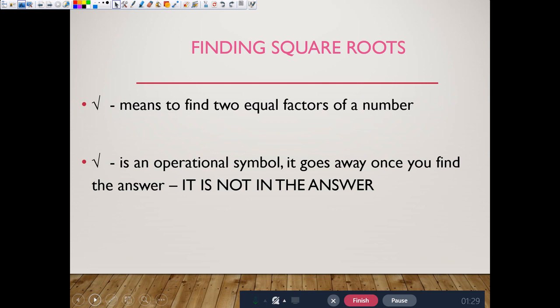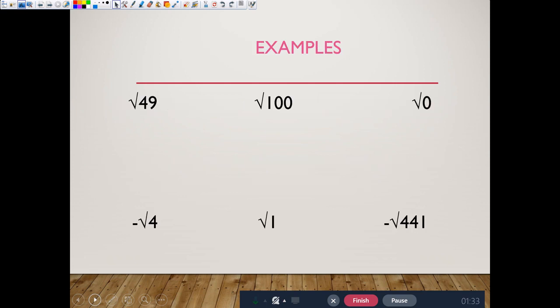Okay? The one thing that we want to always remember is that for the most part, there's going to be two answers. Okay? So what is a number that can be multiplied by itself to equal 49? Yes, 7. Okay? What is another number? 7 times 7 is 49.